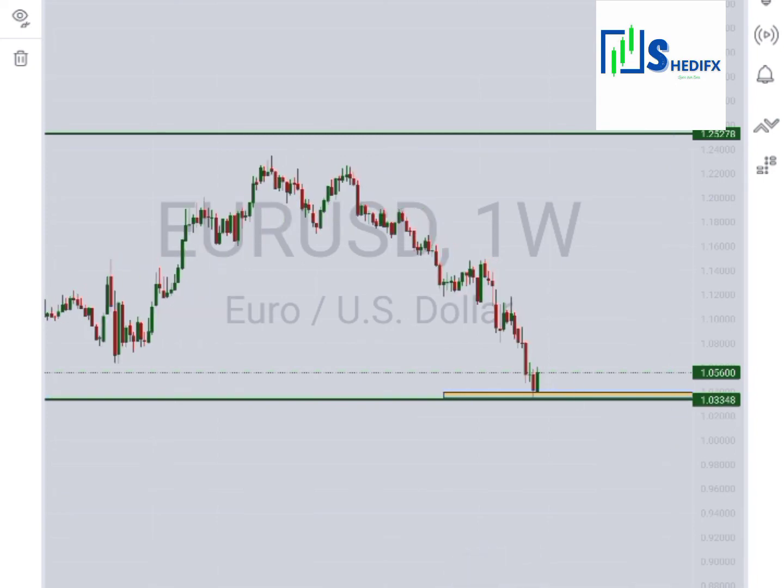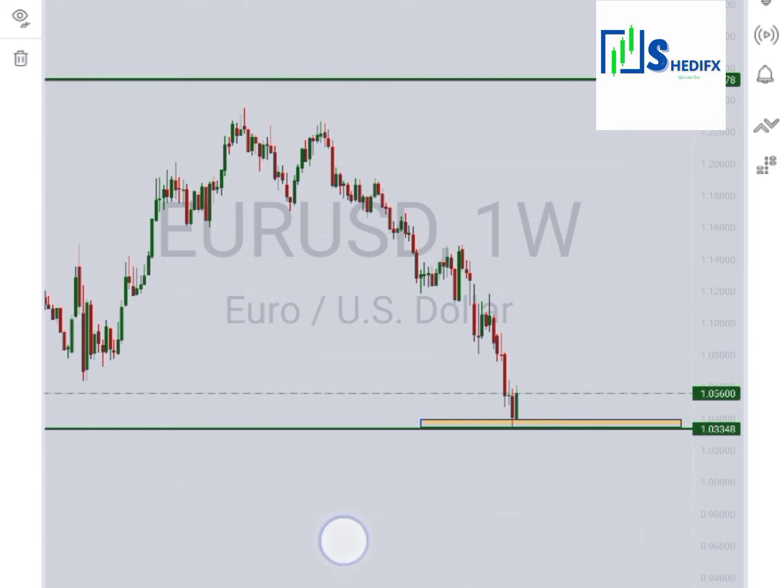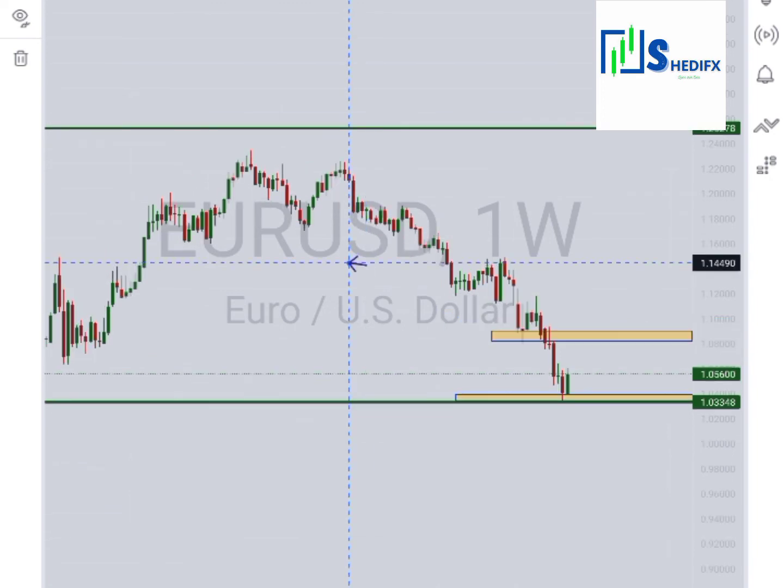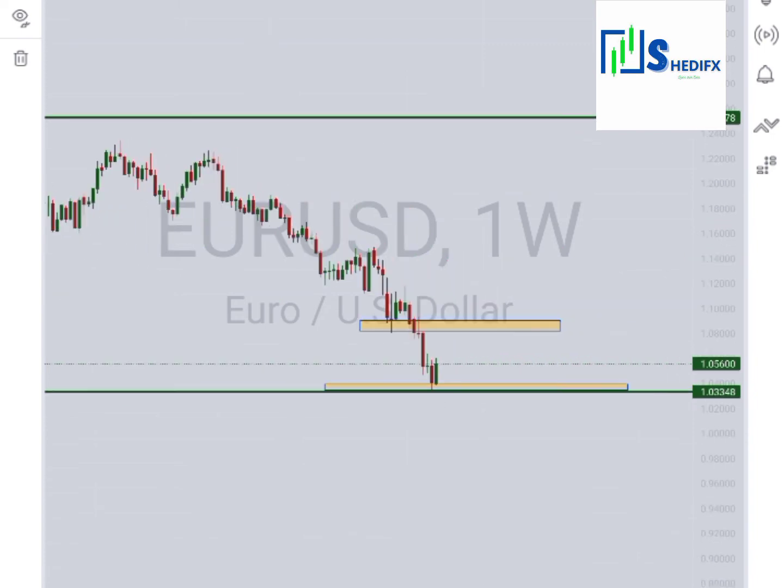So as you can see on the weekly time frame, we closed last week with a bullish tweezer candle, and here we have our last low. So we should be anticipating a buy to this area.